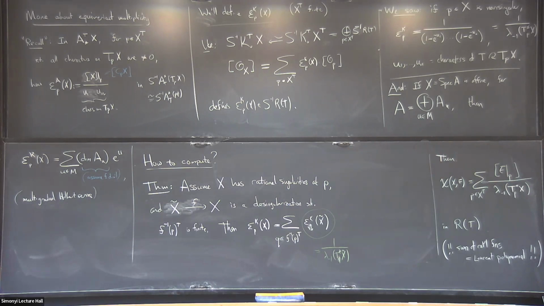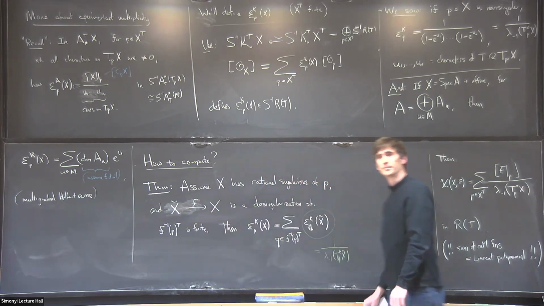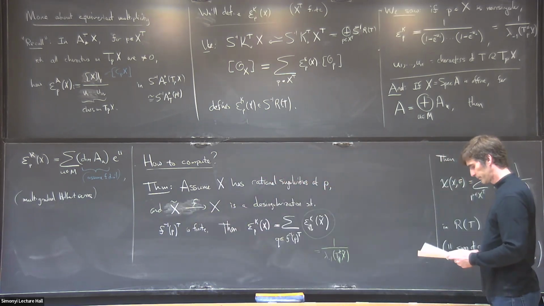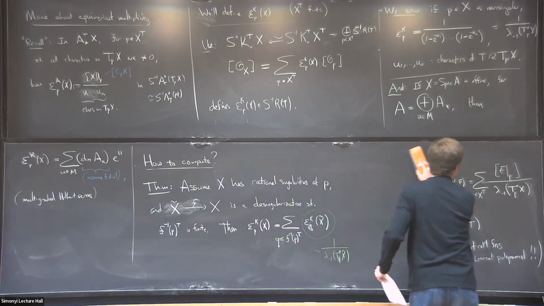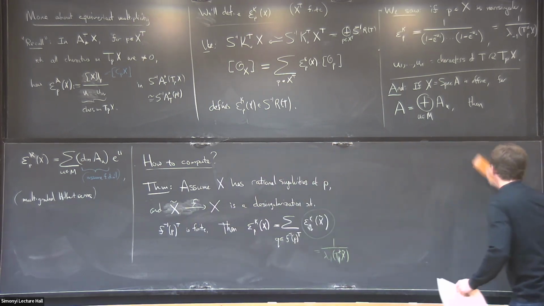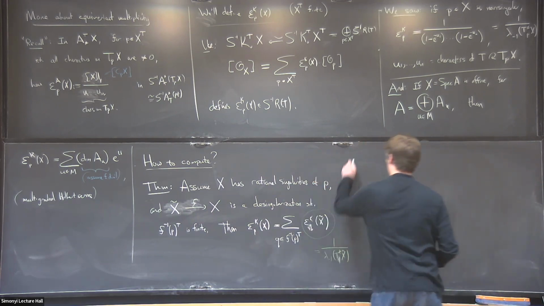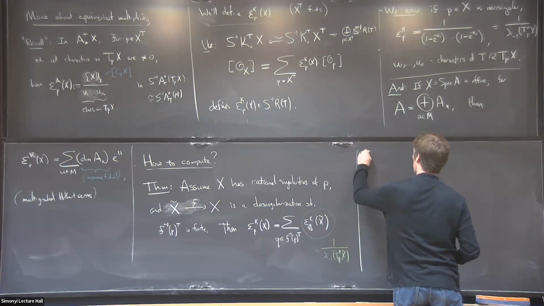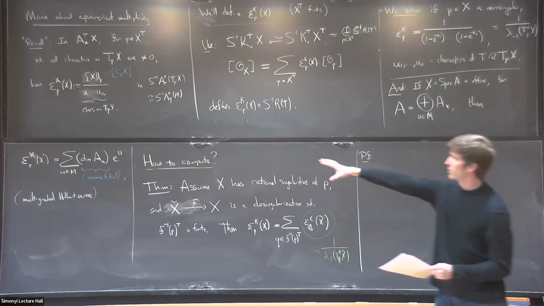So that's one way to compute these equivariant multiplicities, assuming you know how to desingularize. So the proof of this is again using the main localization theorem.